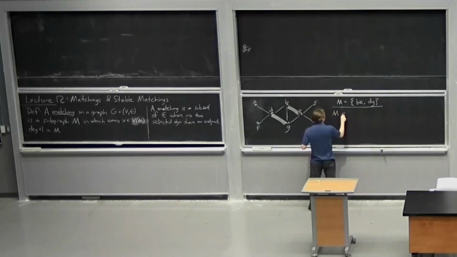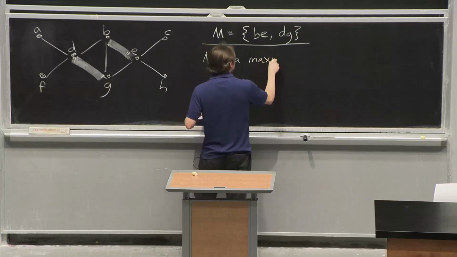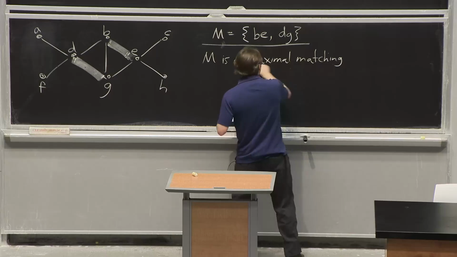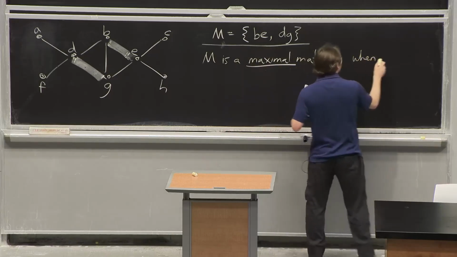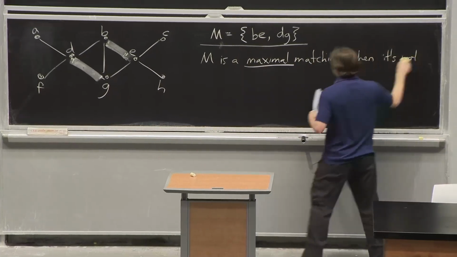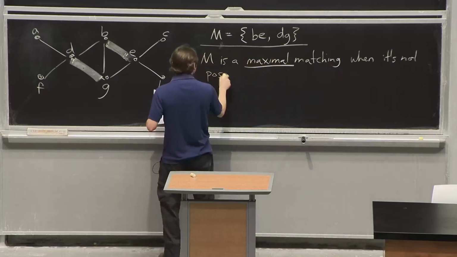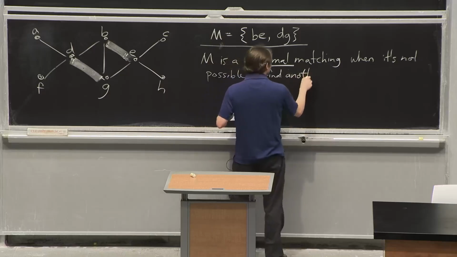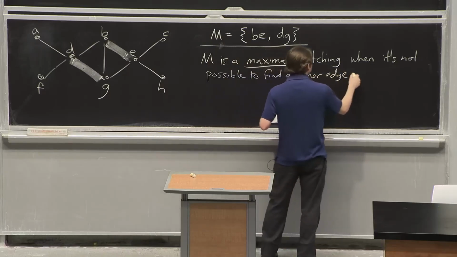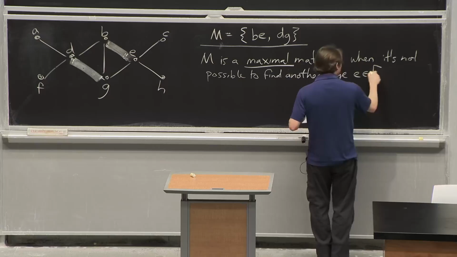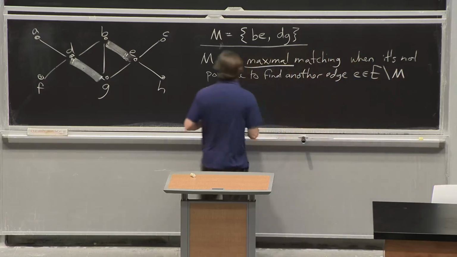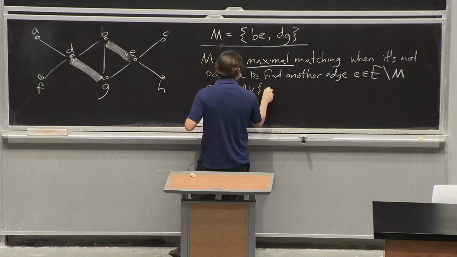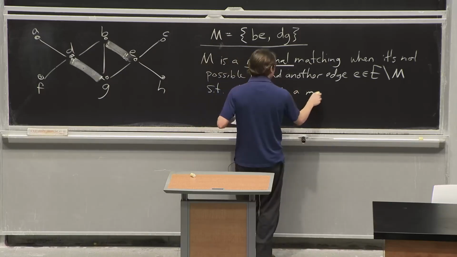So we'll say that M is a maximal matching when it's not possible to find another edge, E, that's in our set but not yet in our matching, such that M with that new edge is a matching.